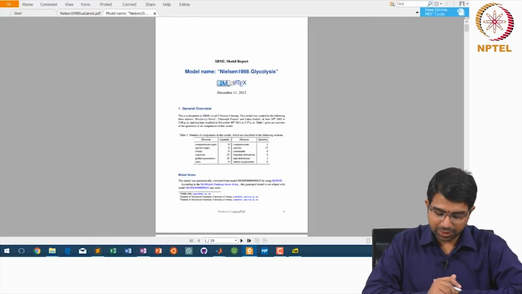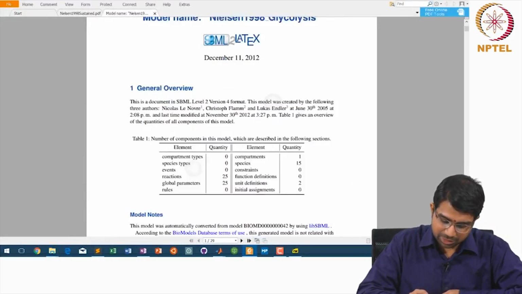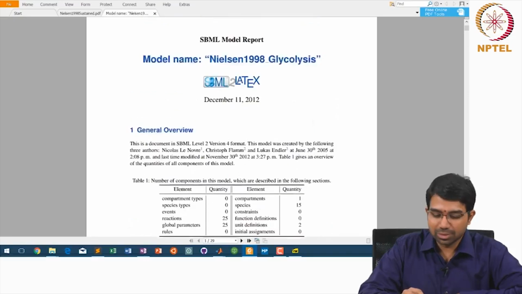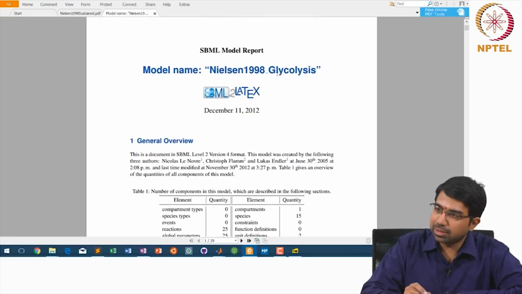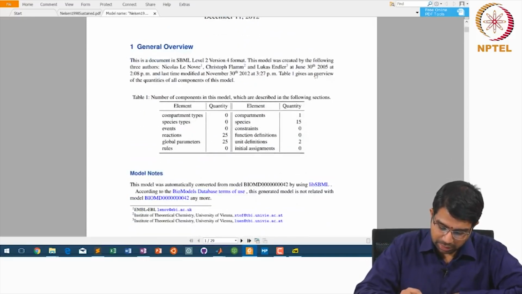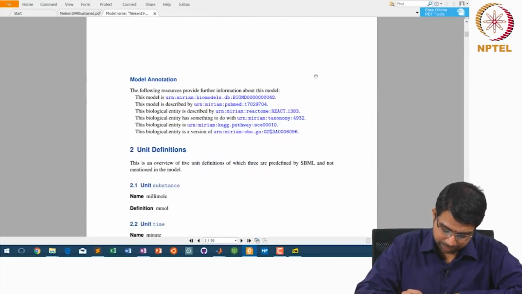And in fact this is a very interesting file. BioModels also allows you to get an SBML report, a PDF report of any SBML file. It has curated several SBML files. So it calls this file Nielsen 1998 glycolysis, and this has a lot of details.